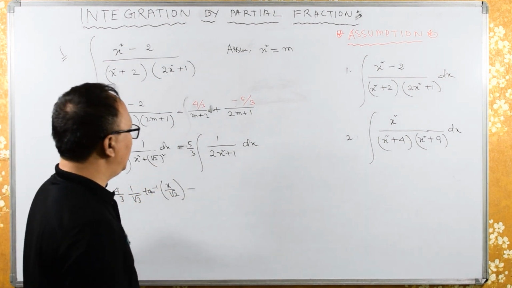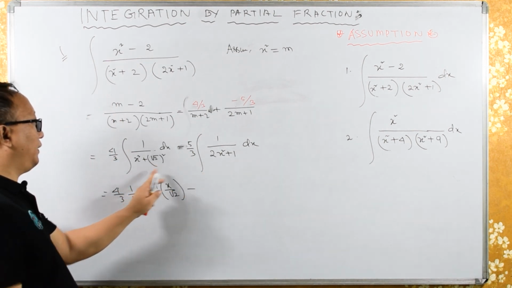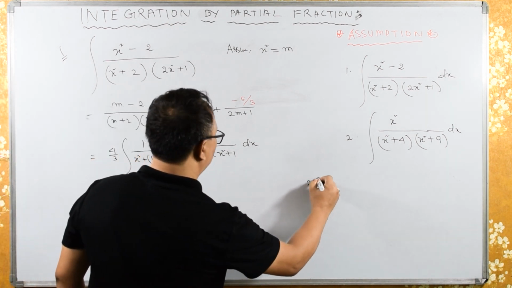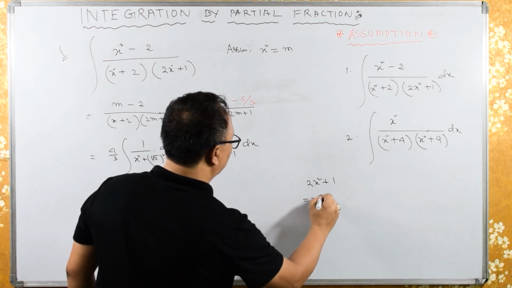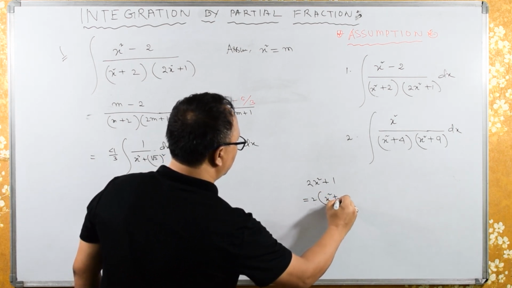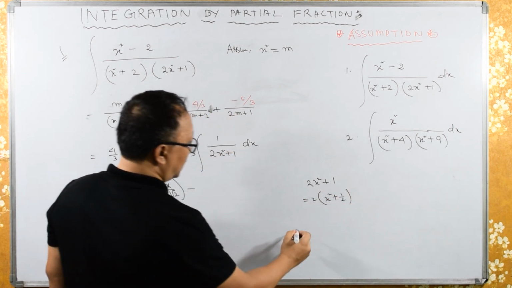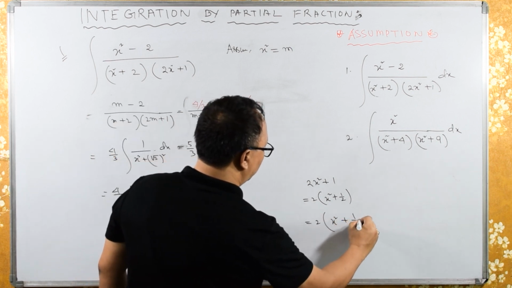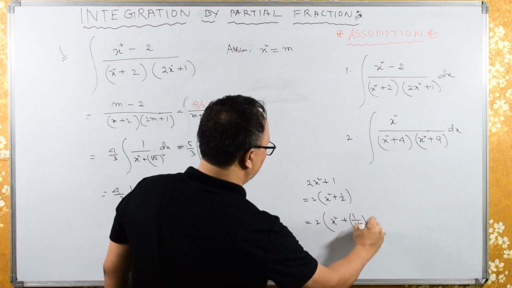Here I want to get free of x square, so consider 2x square plus 1. If I take 2 common, I will have x square plus 1 by 2. Here 1 by 2 is same as 1 by root 2 the whole square.